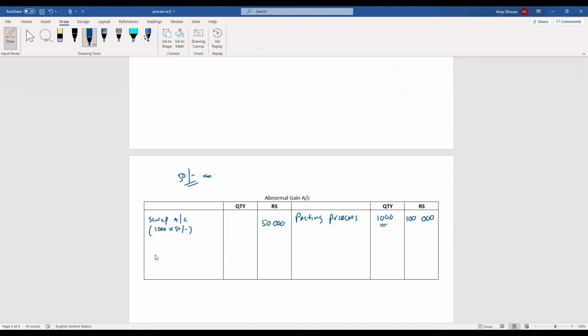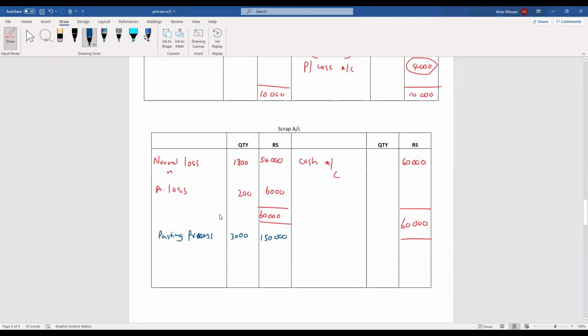Therefore, our actual gain to the profit and loss account will be 50,000. This is a total 100,000, and this is a total 100,000. And this amount has to be transferred to the scrap account. So in the scrap account, from the abnormal gain account, we transferred 50,000.